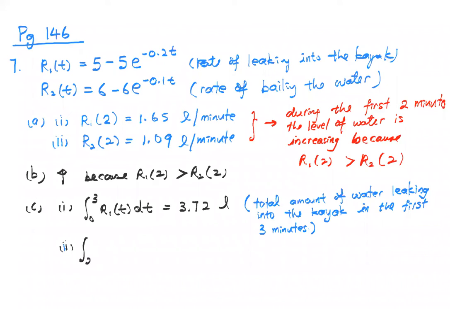Then part 2. Integrate from 2 to 5, R2(t) dt. So what is it? Okay, 5.27 liters. So how are you going to interpret?